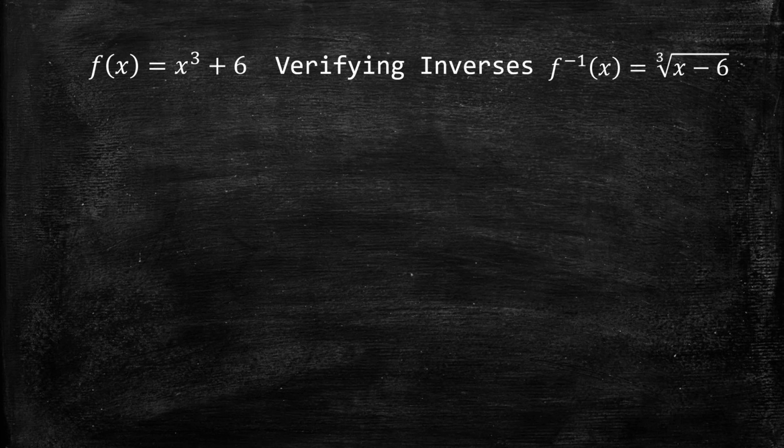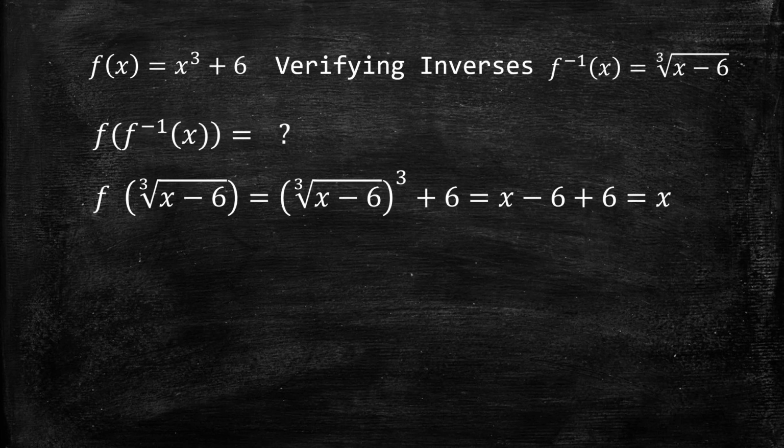Verify that these two are inverses. So keep in mind, this is f inverse of x, and where did we replace it? In x, where I see x in f of x. Simplify, we got x.